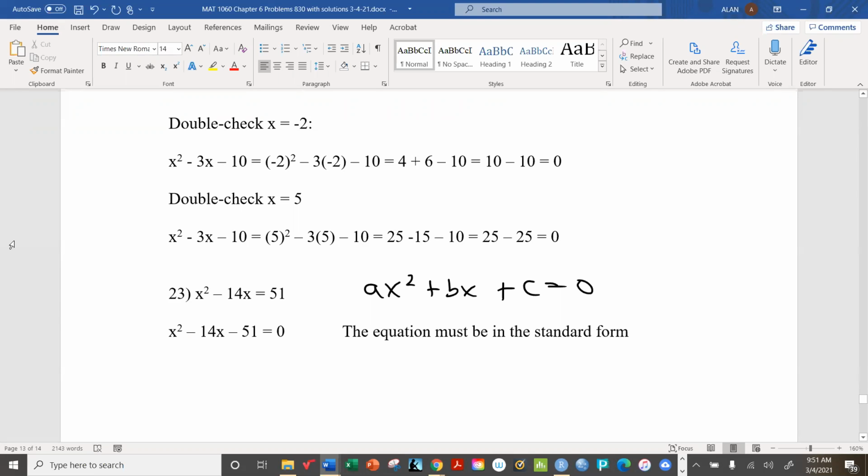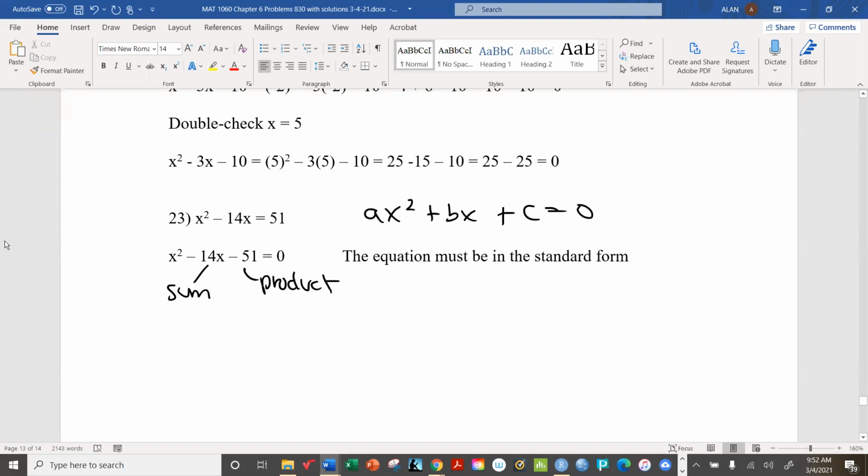Okay, so now what we need is, as usual, we need a product of negative 51 and a sum of negative 14. So how would that work? All right, let's try some potential products of negative 51: negative 1 and 51, 1 and negative 51, 3 and 27, negative 3. I think we're done because this, no, wait a minute. Oh, wait, sorry, my fault. That's not right.